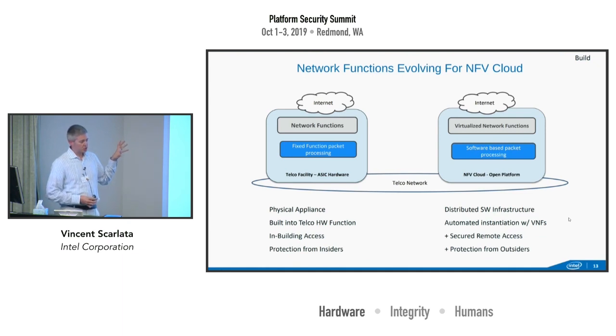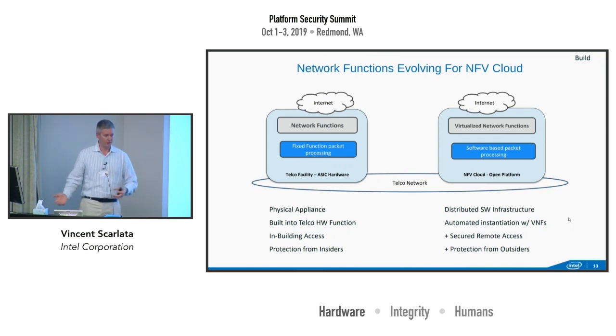So we've seen a trend toward trying to replace those with software versions of them. Well, that's great because the hardware is much cheaper. Our hardware is fast enough now that it's still fast enough compared to the ASICs to get the job done. It's much more flexible from the reuse perspective, and the upgrading is much simpler.